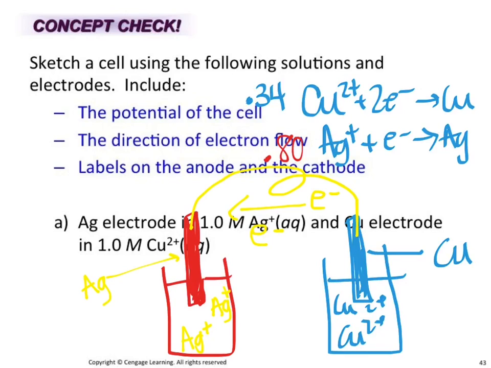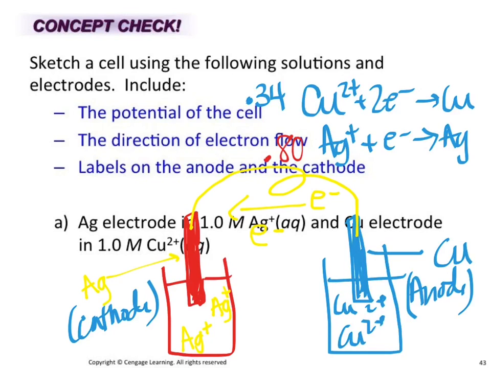So silver is my cathode, while copper is my anode. I usually like drawing these so the electrons flow from left to right, but as long as you're showing which way electrons are flowing. Okay?